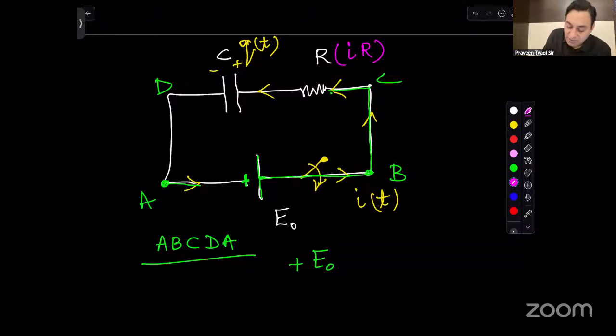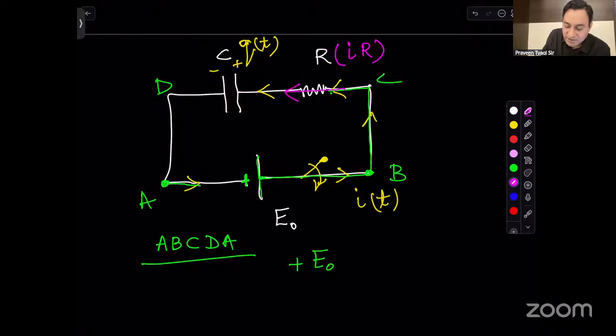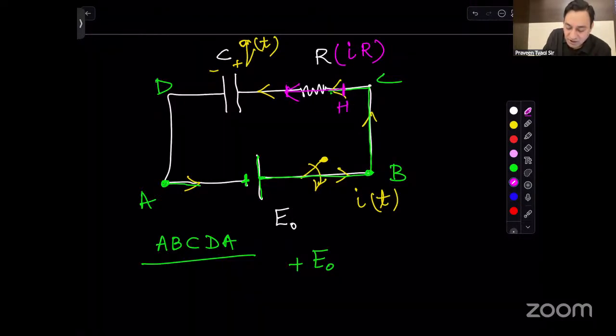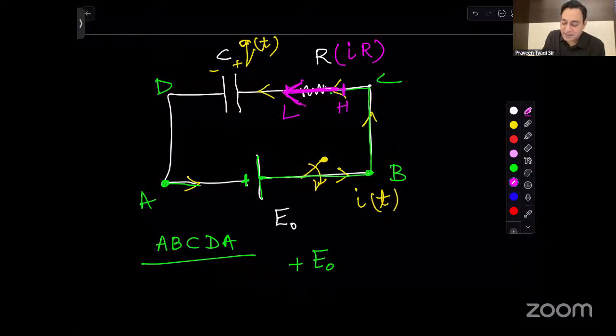Let's see. I'm going in this direction. When I'm going in this direction, current flows from higher potential to lower potential. So I'm going from higher to lower, which means potential is decreasing in this direction. So I'll write minus IR.